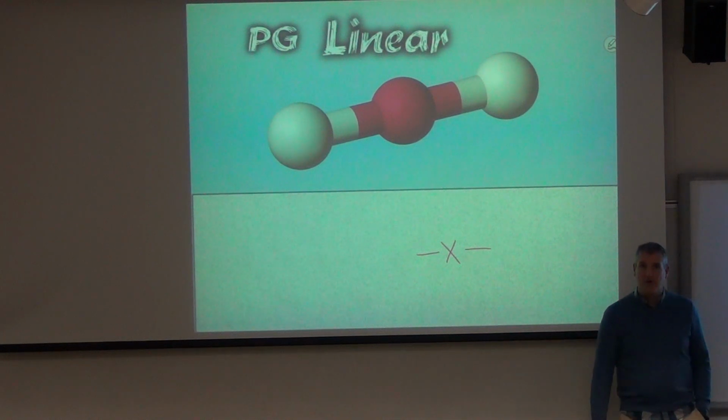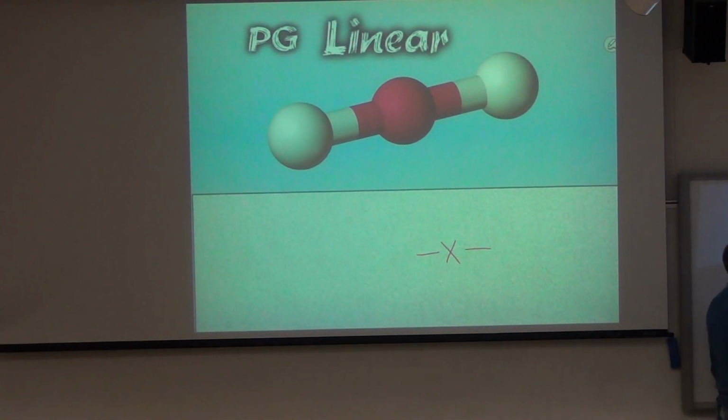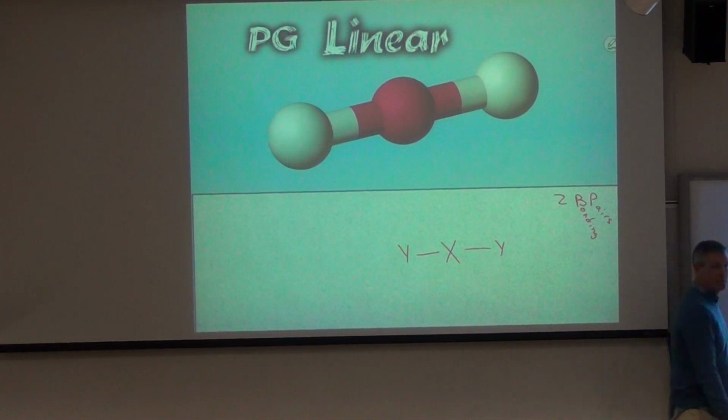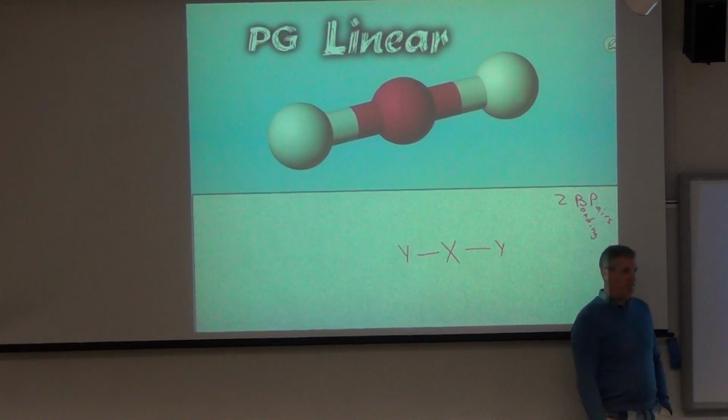The line represents our bonding pairs of electrons. So here we've got two BPs, or two bonding pairs. And at the end of each of them, we have our other atom.